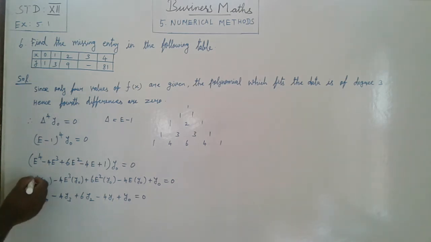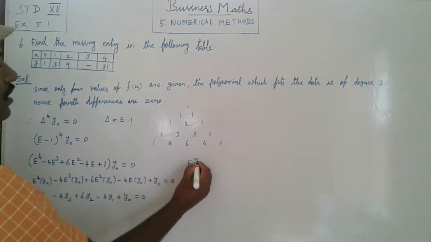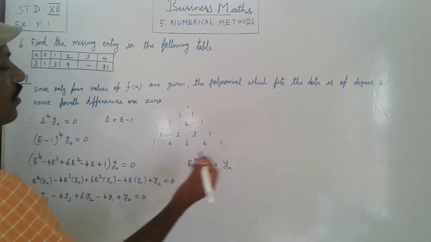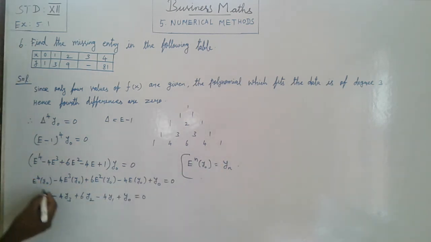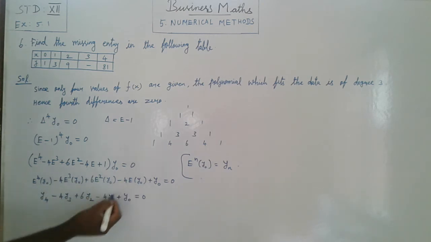For example, e power n y naught equal to yn is the formula. So we should substitute this formula. So y4 minus 4y3 plus 6y2 minus 4y1 plus y0 equal to 0.